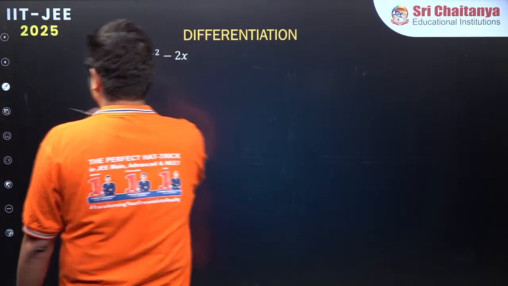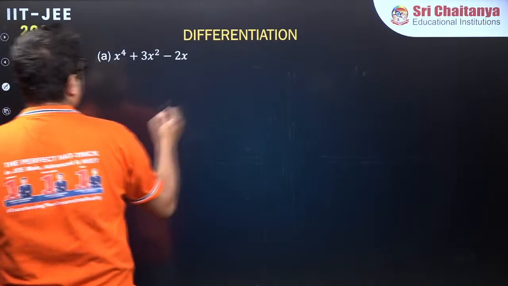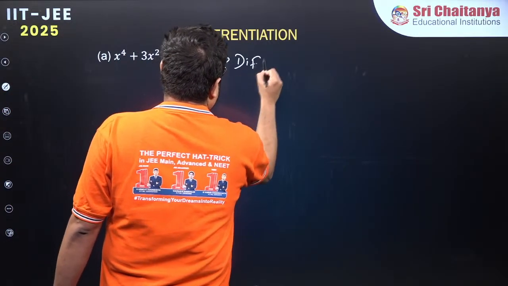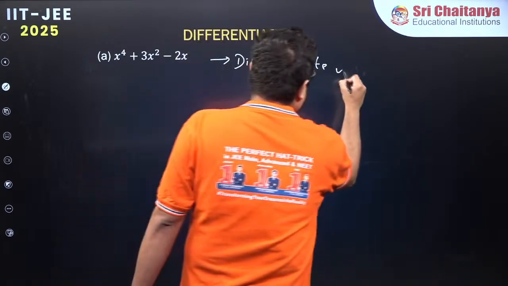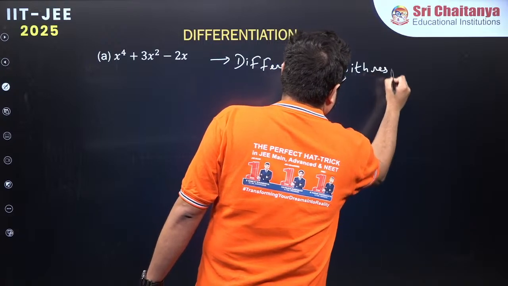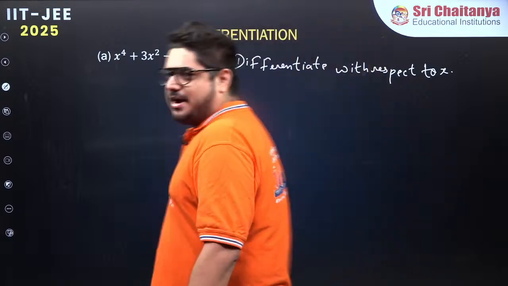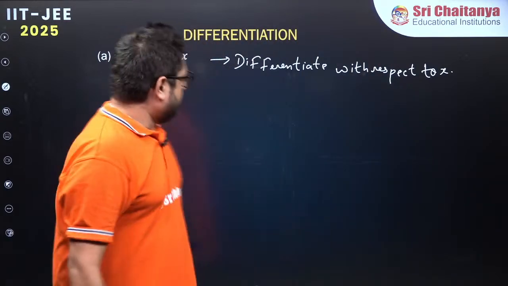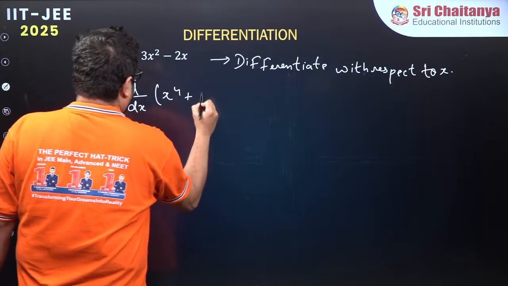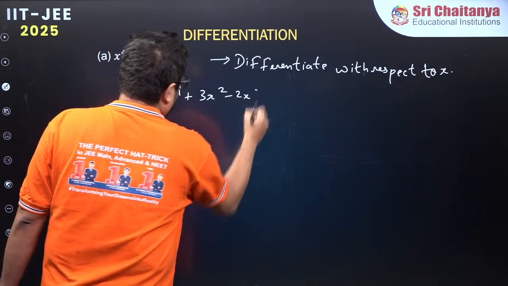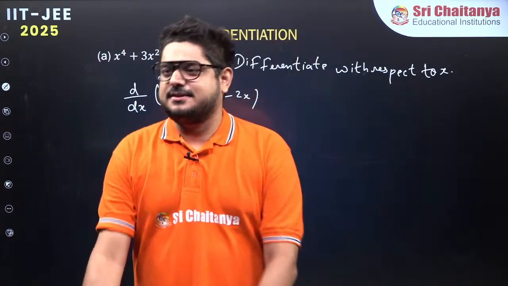What we need to do is differentiate with respect to x. So now what needs to be done, everyone? Yes, correct. So over here it's d by dx of x to the power 4 plus 3x square minus 2x. I want every one of you to provide me with this answer.